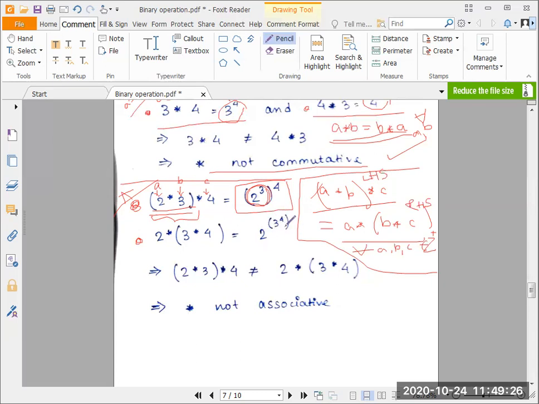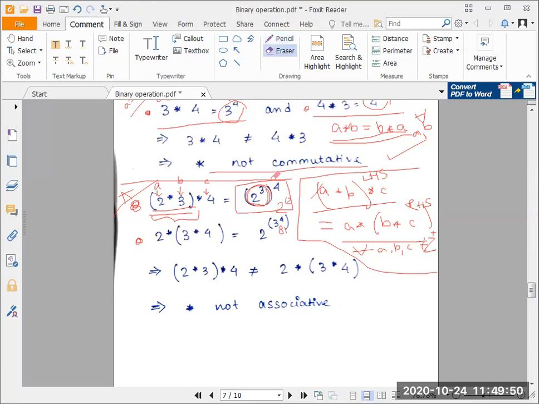So 3 to the power 4 is 3 times 3 times 3 times 3, that's 9 times 9, 81. So this is 2 raised to the power 81. On the left, if you know the exponential law, 2 to the power 3 to the power 4 will be 2 raised to the power 12. So this is 2 raised to the power 12 and this is 2 raised to the power 81.